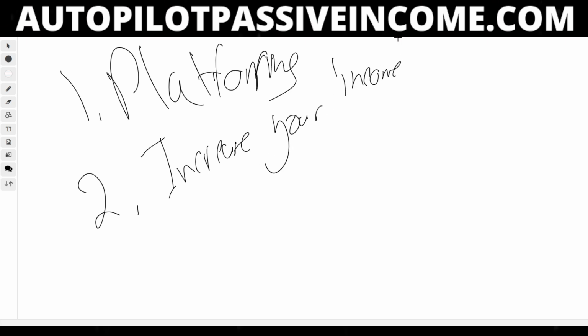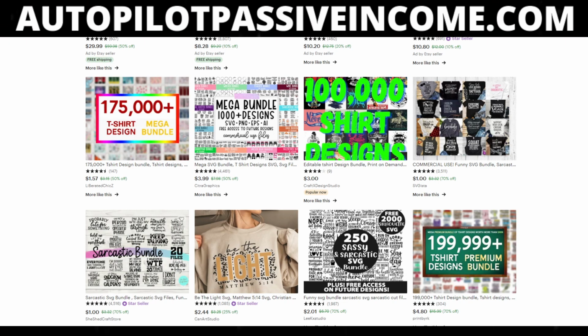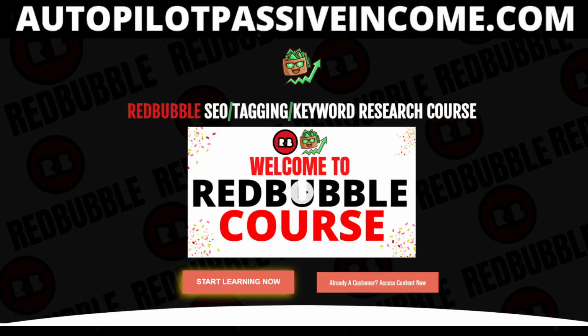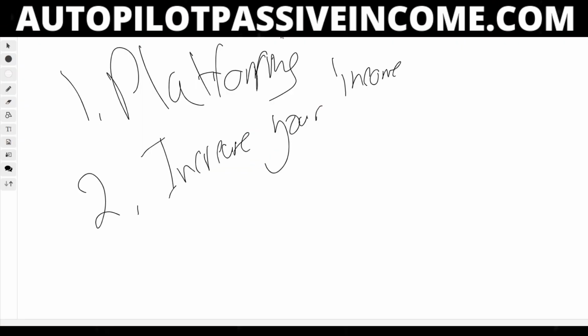Something very simple is leaving your email in every single one of the design files you sell, like something like this, and say, hey, if you need something custom, let me know. That's an easy way to get some upsells, right? That's an example. So we have the platform, increasing your income, and number three, your design skill.